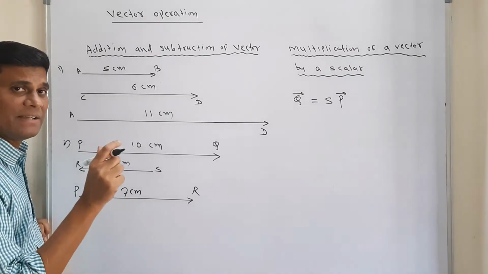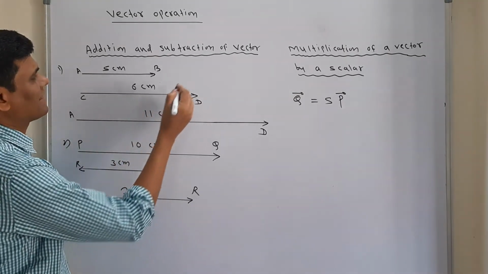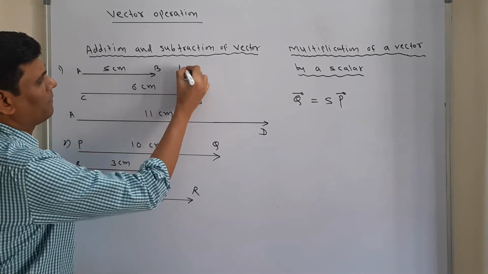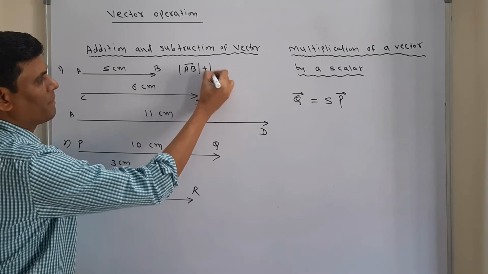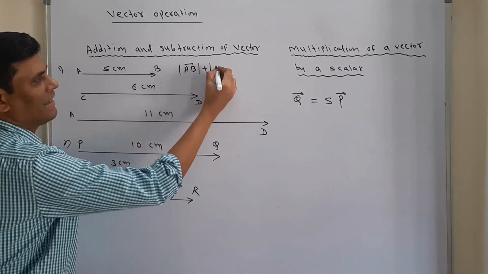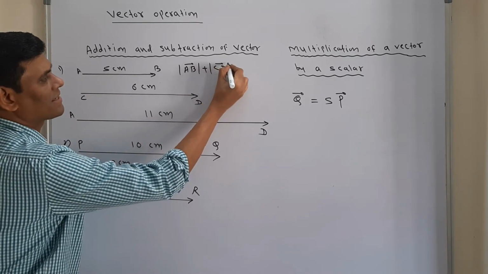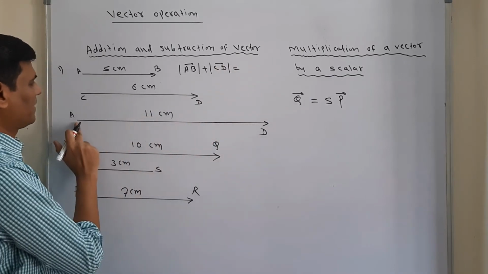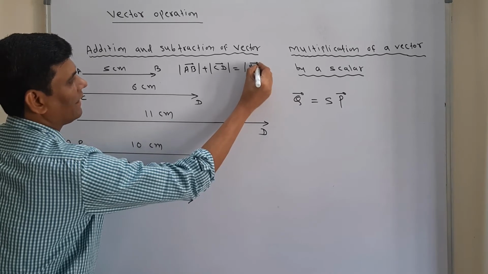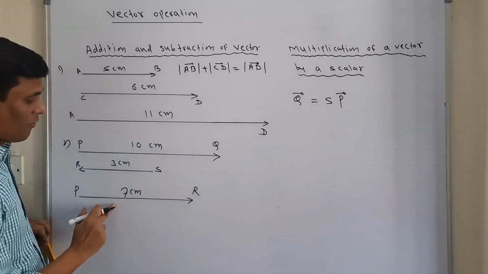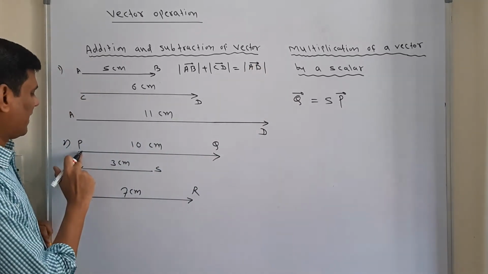How to write this in magnitude form? For parallel vectors, you can write magnitude of vector AB plus magnitude of vector CD is equal to magnitude of AD. How do you write this for the anti-parallel case? Which vector is larger?